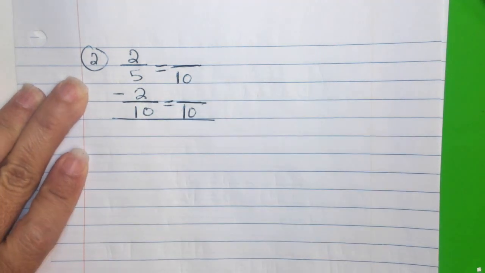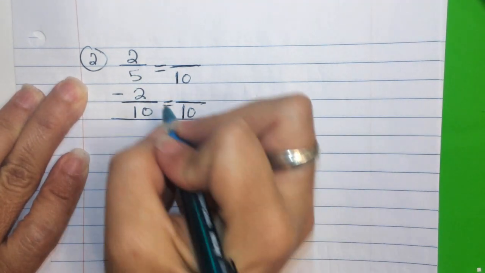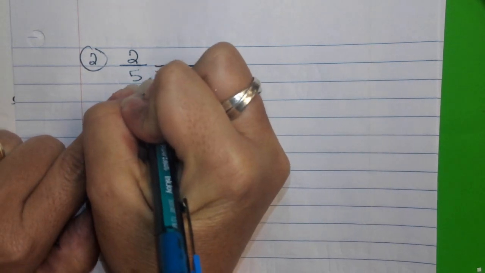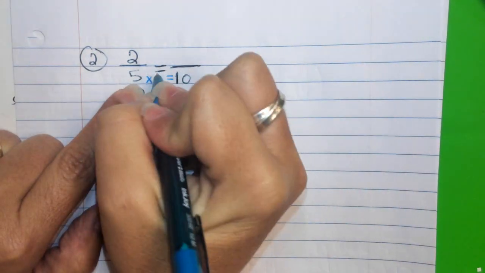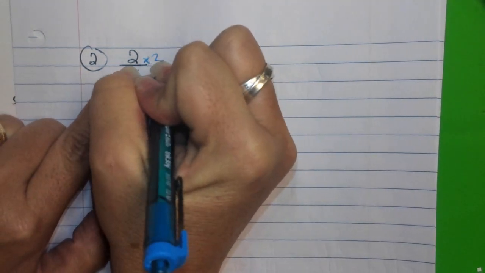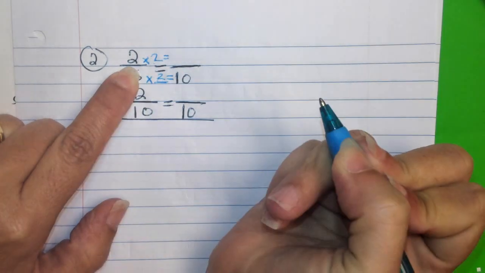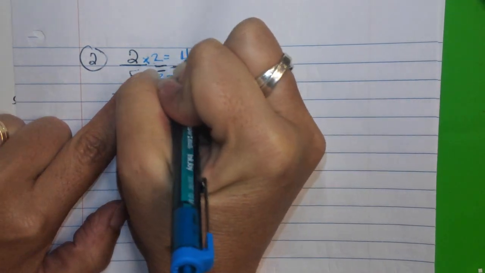I go across because most of you like multiplication tables better than division. So I say 5 times what gives me that 10? Times 2. Then I bring it up here and do the same math. Don't change that number. 2 times 2 is 4.